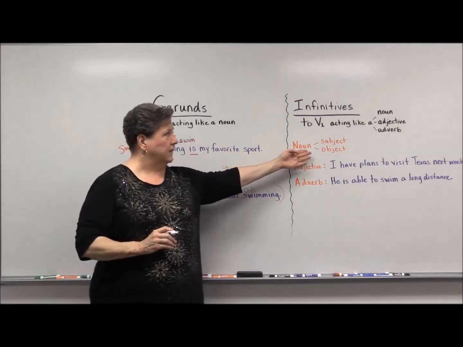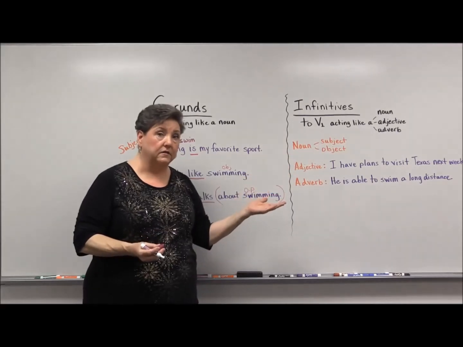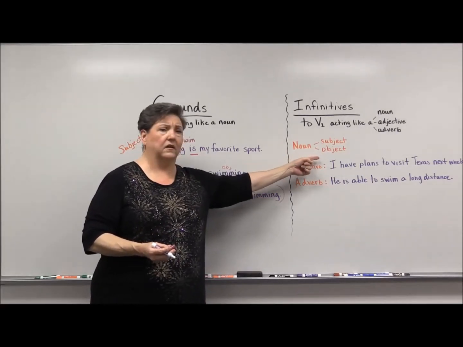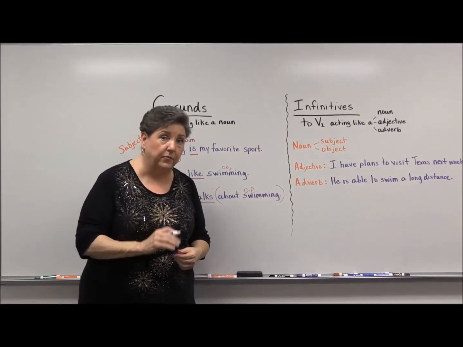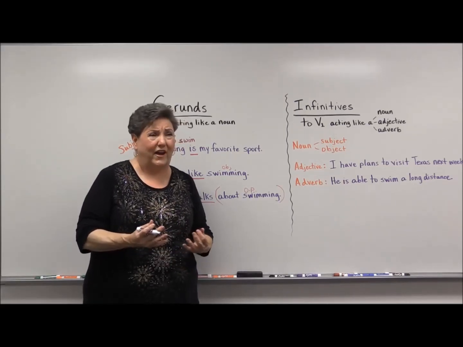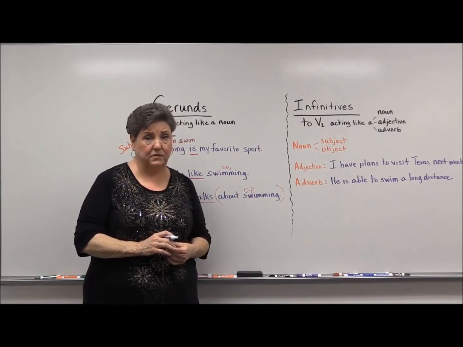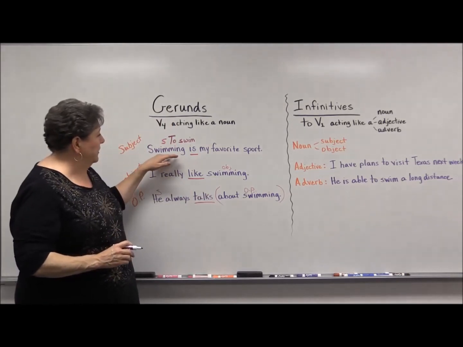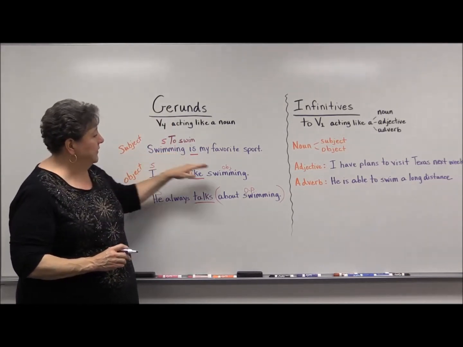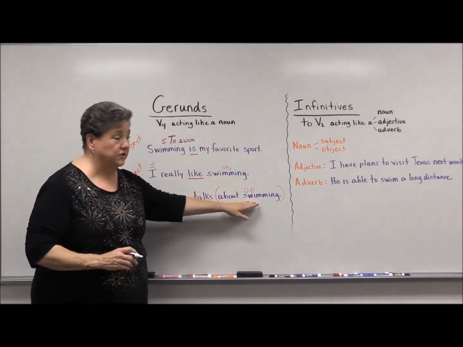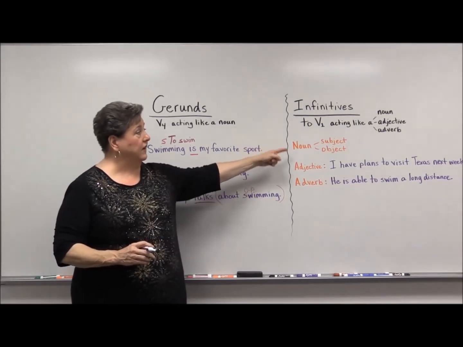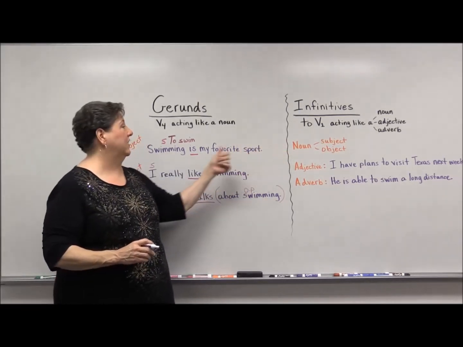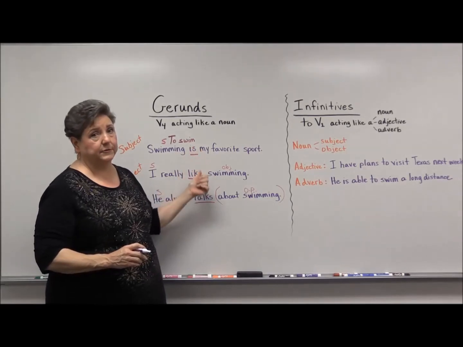Well, you see, an infinitive can also be an object. What you don't see here is that it can't be the object of a preposition, because the word to acts like a preposition sometimes. So even though a gerund can be a subject, an object, and an object of a preposition, when an infinitive is acting like a noun, it can only do these first 2 things.